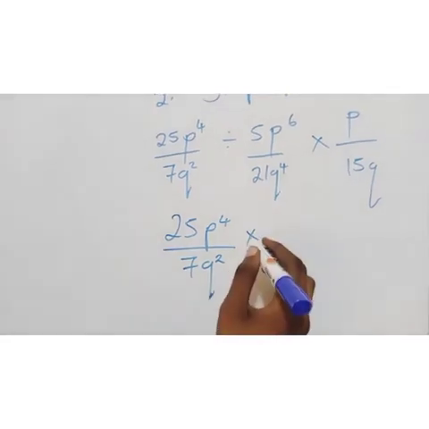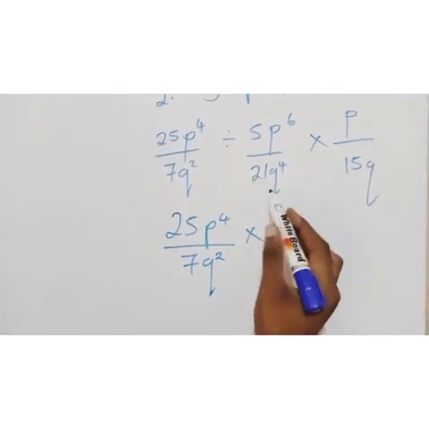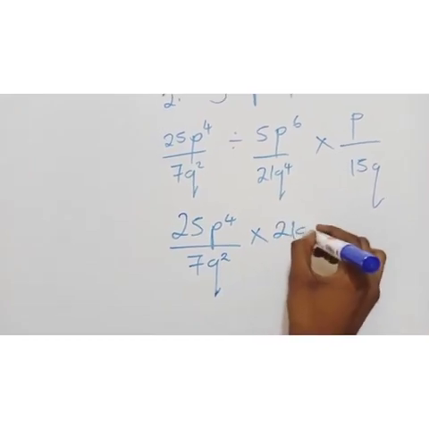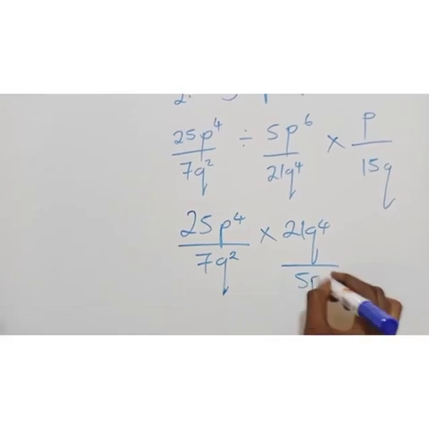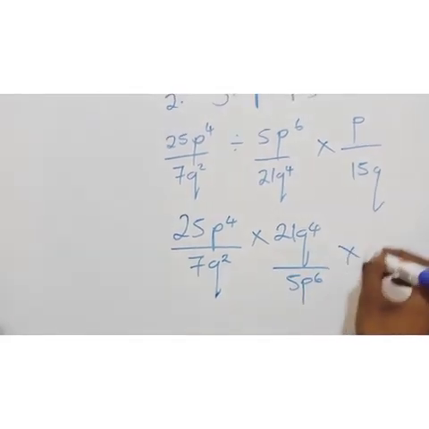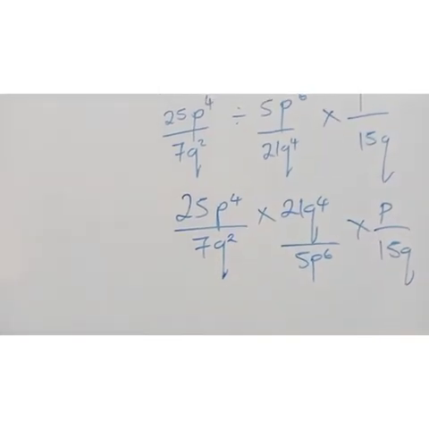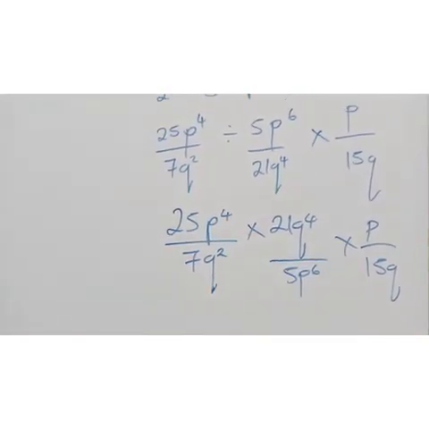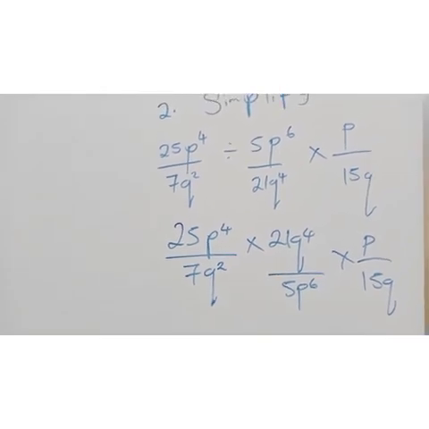Once I change this to multiplication, the numbers reciprocate, so this 21 will go up. This will be 21q to the power 4 over 5p over 6, times p over 15q. Is it making sense? Now it's about multiplying.